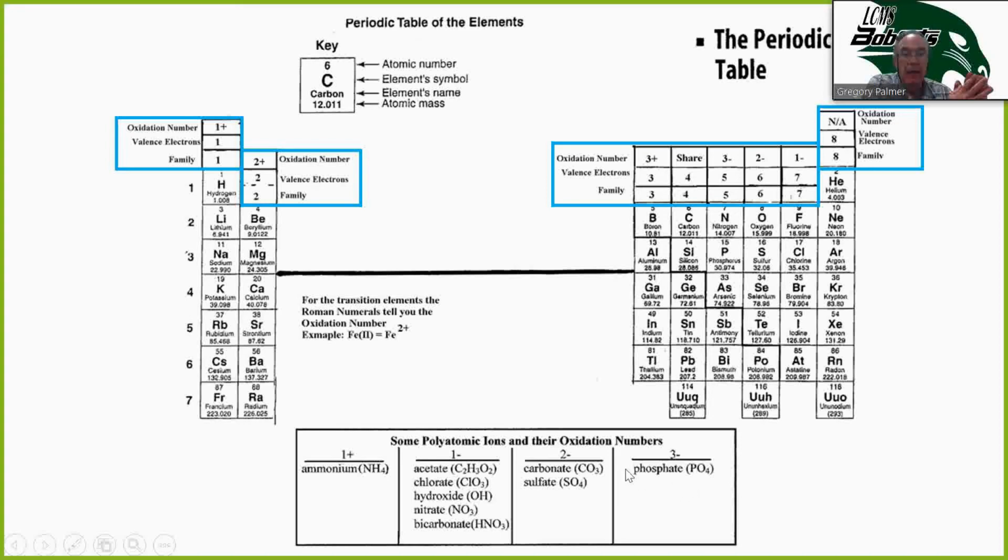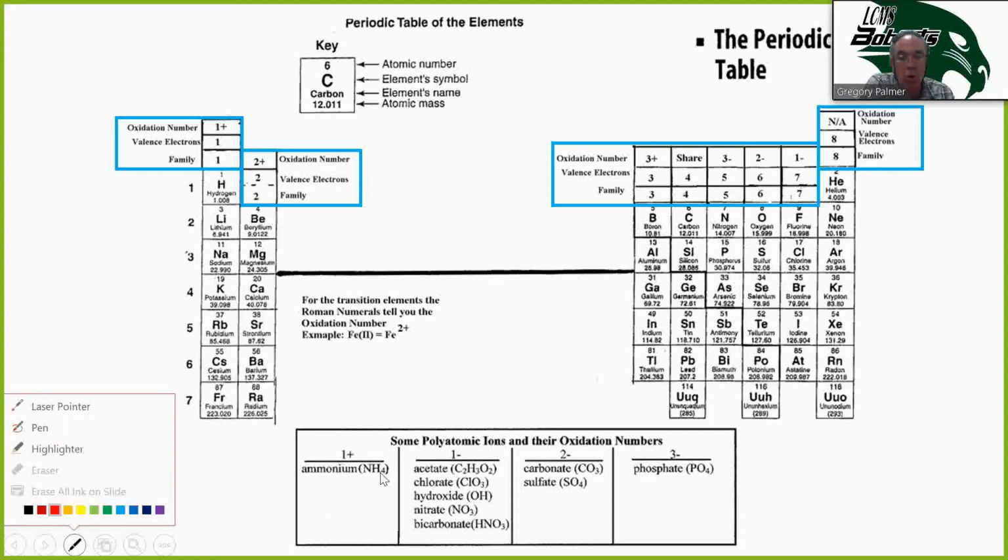Now, these polyatomic ions work exactly the same as the elements. So like Na was 1 plus. So this whole thing inside the parentheses, think of this like an element symbol.